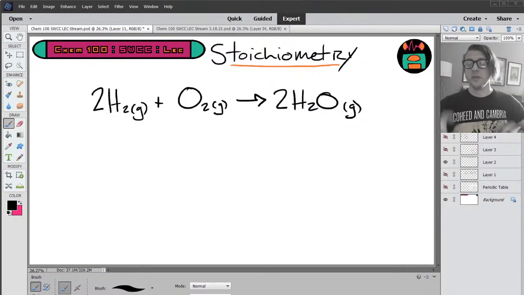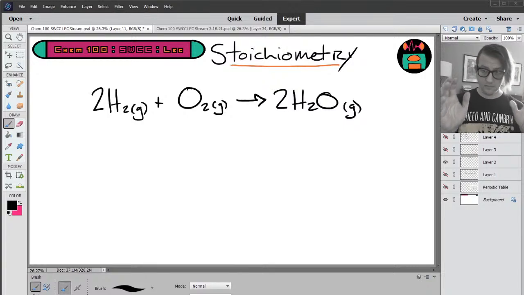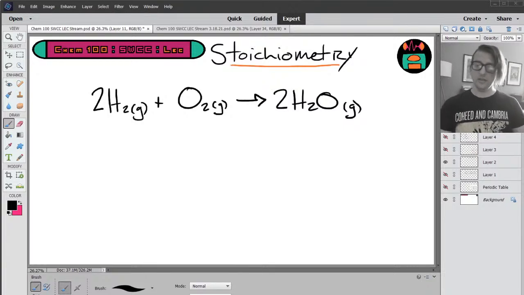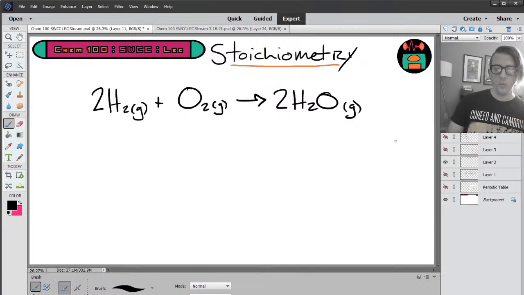All right, so looking at the combustion of hydrogen, there are a couple ways of reading this equation.